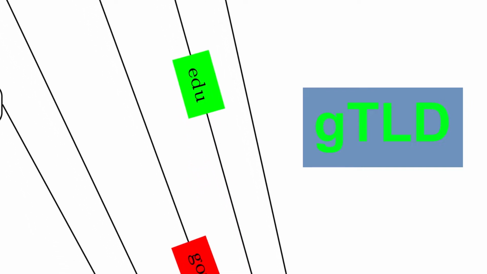We are scrolling through these top-level domains, and you will see that they fit into one of three categories. The first couple are the so-called generic top-level domains, gTLDs. And they are generic in the sense that they existed on the internet from very early on, and they were essentially open for anyone to use.